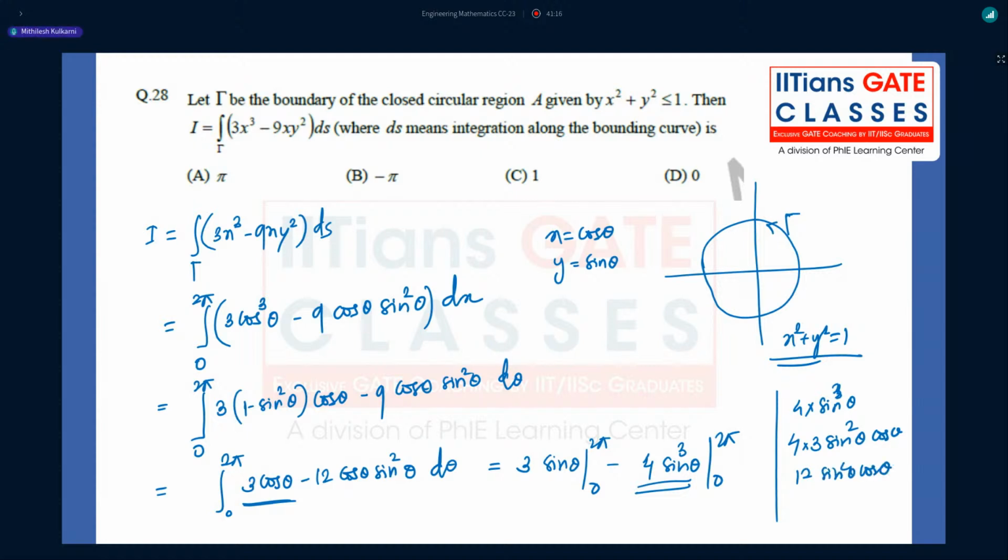So that is what we have here on the left hand side. So you can say integration of this 12 sin square theta cos theta is 4 sin cube theta. And if you put 0 to 2 pi limit, we know sin 0 is 0 and sin of 2 pi is also 0. So ultimately you are going to get 0. Hence answer here is D, that is 0. I hope it is clear to you all.